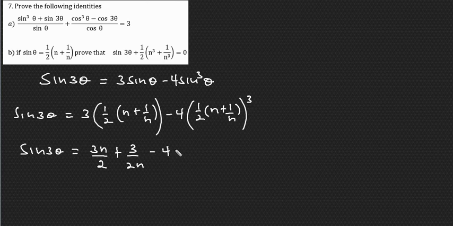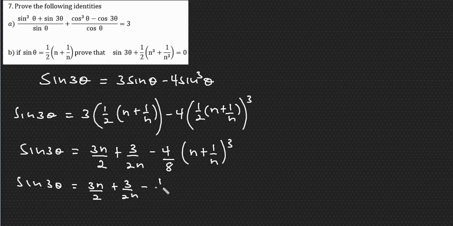Then minus 4 here. When we apply the cube on a half, we shall get 8. And I put it out, then this is going to be n plus 1 over n cubed. So sine 3 theta is going to be 3n over 2 plus 3 over 2n minus a half.